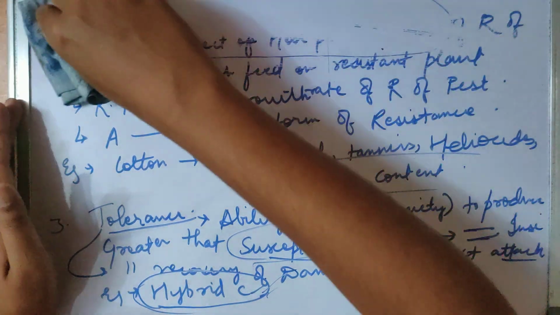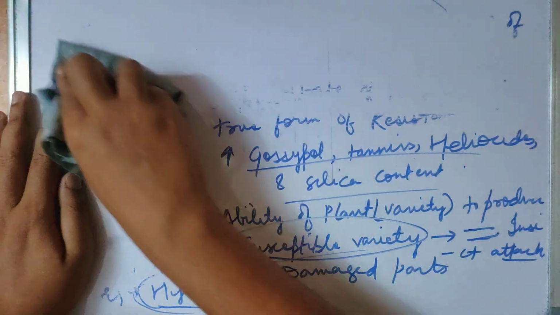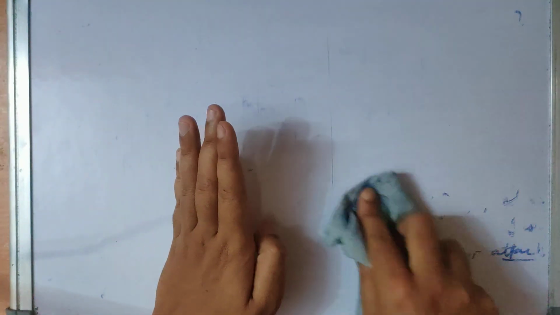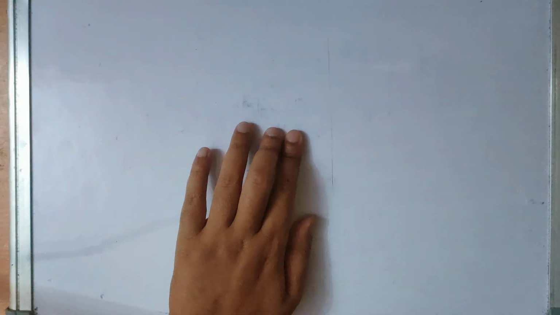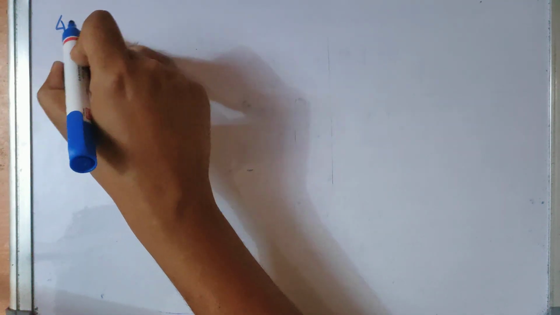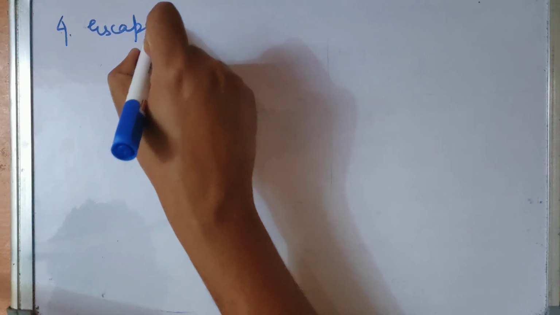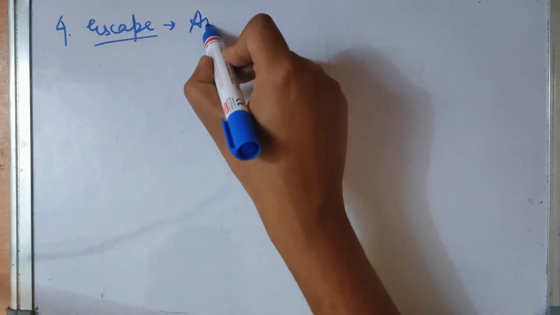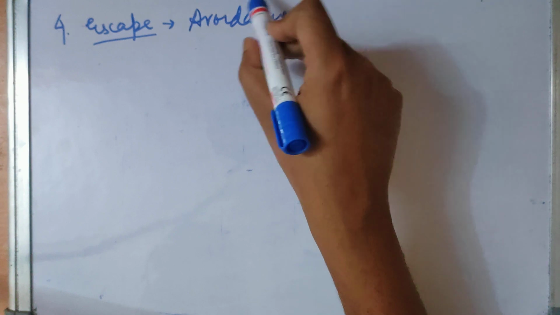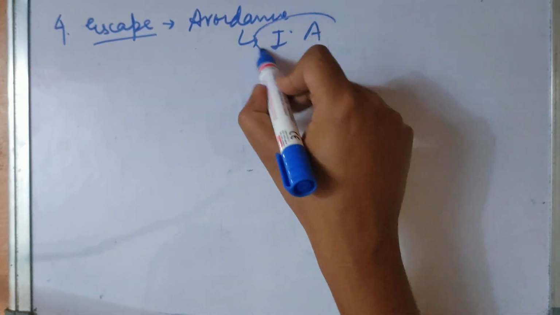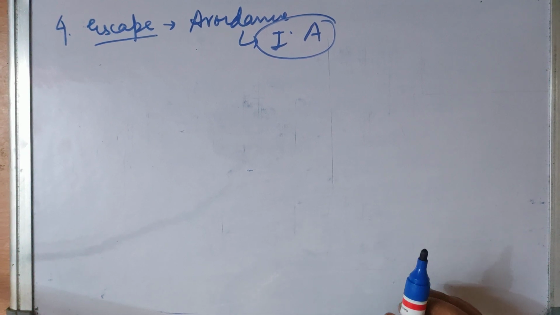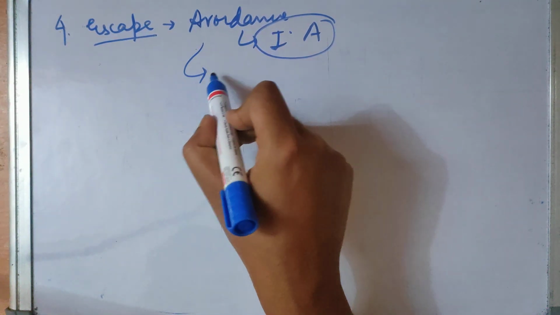Now moving on to the last mechanism, that is escape. Last mechanism number 4 is escape. It refers to avoidance of variety from insect attack, due to earliness in its cultivation in the season where insect population is very low.